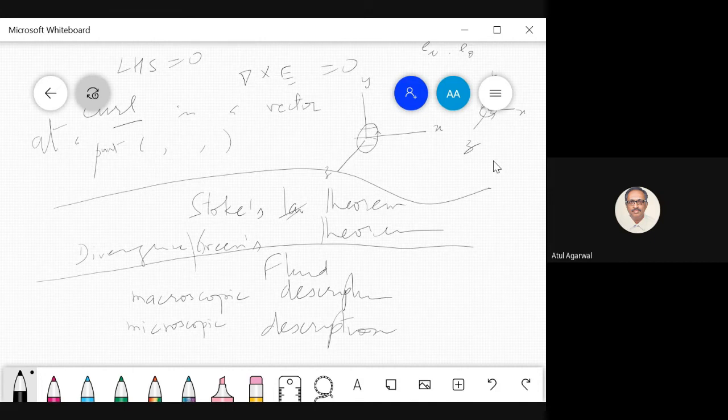Similarly, microscopic motion. What is microscopic motion? So Brownian motion. Okay. So thermal motion is microscopic motion. So particles are randomly moving around, those atoms and molecules. So what is macroscopic motion?